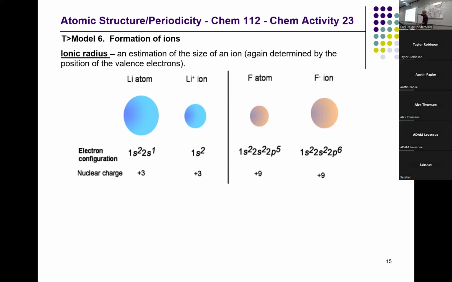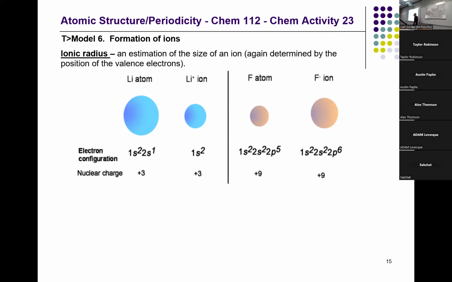I've tried to point out what changes in going from the lithium atom to the lithium ion. Number one, both of these particles still have the same nuclear charge. It's +3. They still have 3 protons. But you see that the size, and this is always true, I only pick lithium as an example, the size of the cation is always smaller than its corresponding atom.